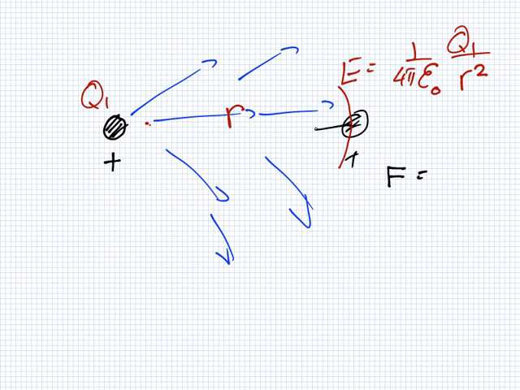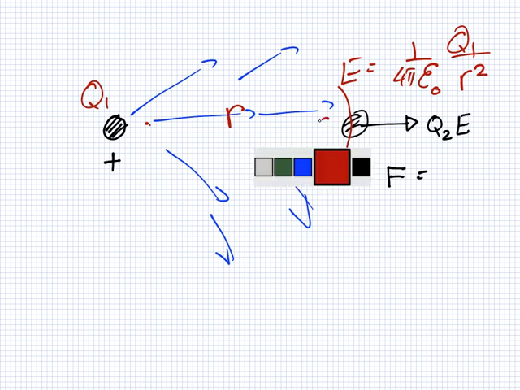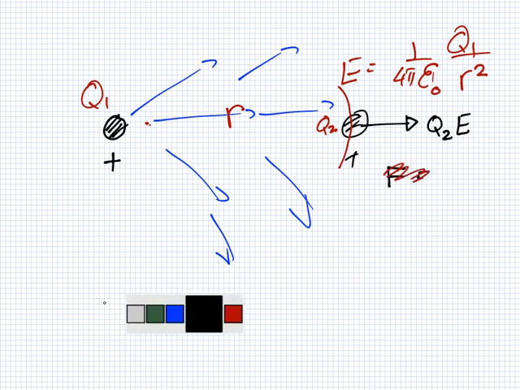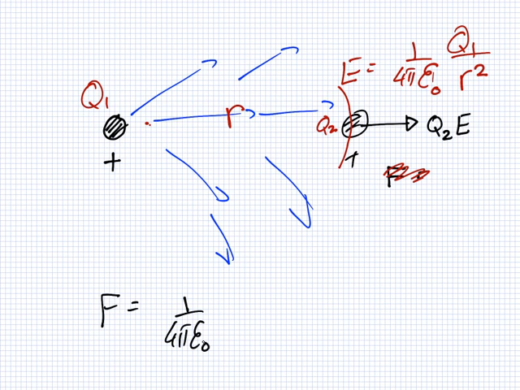QE. So the force here will be Q2E, because this is a Q2. By putting these formulas together, you can get F equals 1 over 4 pi epsilon 0 Q1 over R squared, times Q2.